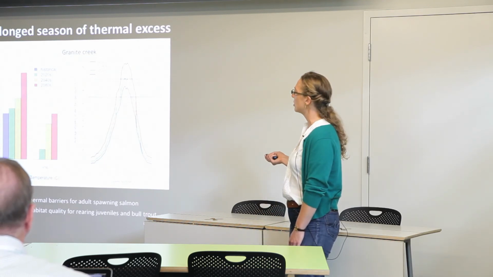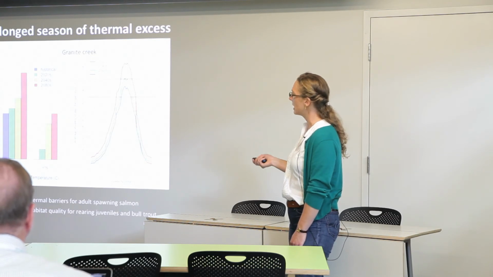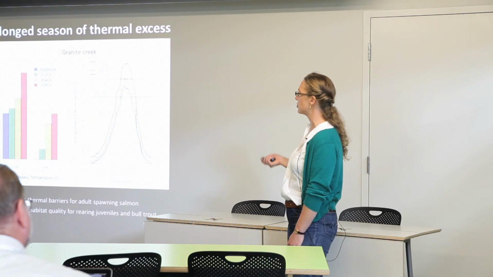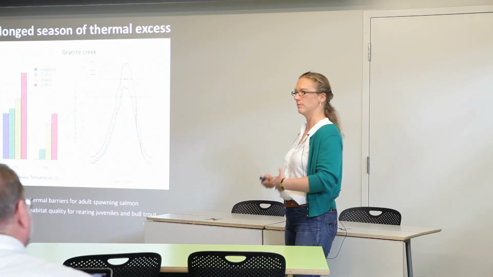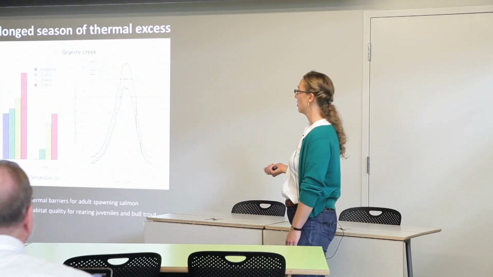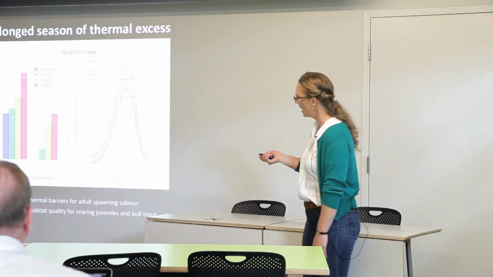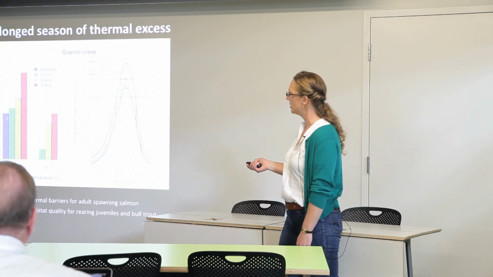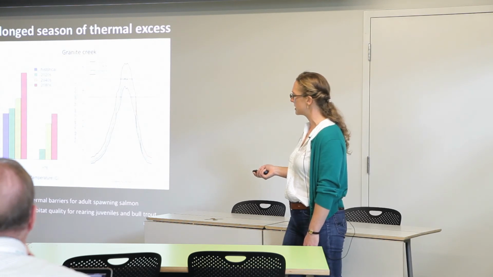And if a creek like that's glacially fed is projected to undergo warmer temperatures, you can imagine that downstream that's going to become even more so. And then these bar graphs show the number of weeks that those thermal thresholds are exceeded for 13 and 16 degrees.